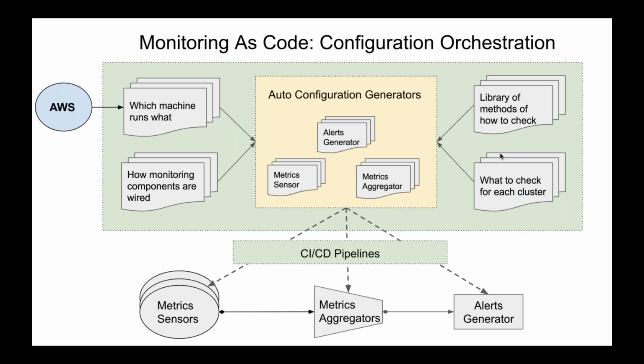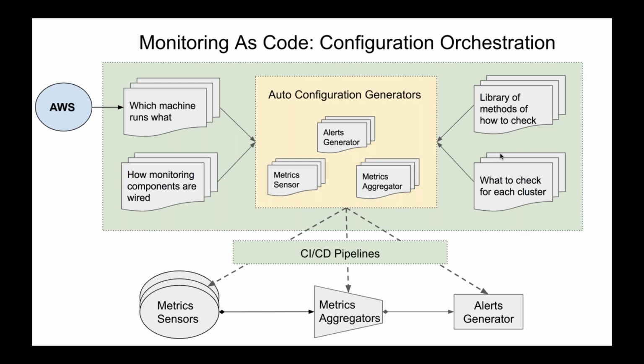So in the middle of this is a bunch of auto configuration generators. We generate configurations for the three types of components in the monitoring system: alerts generator, metric sensor, and the metric aggregator. So those generators take inputs from different sources.